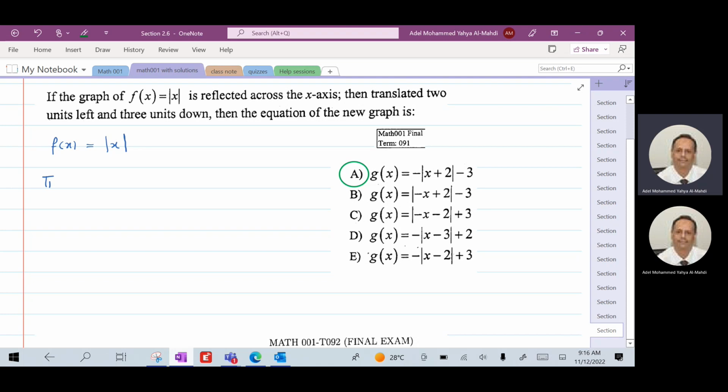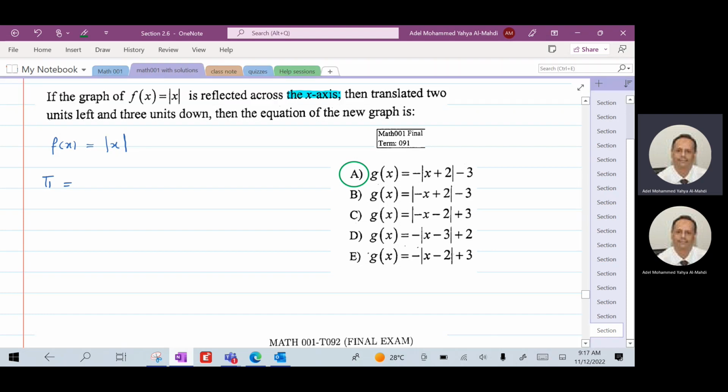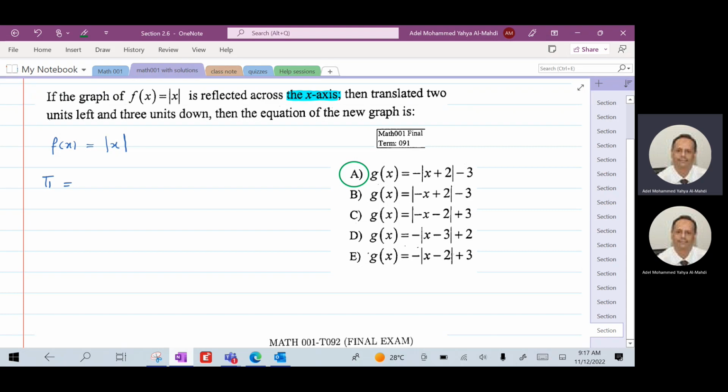Let us call T1 the first transformation. So what is T1? Reflect about the x-axis. If you reflect the graph of f about the x-axis, then T1 will be minus f, which is minus the absolute value of x.